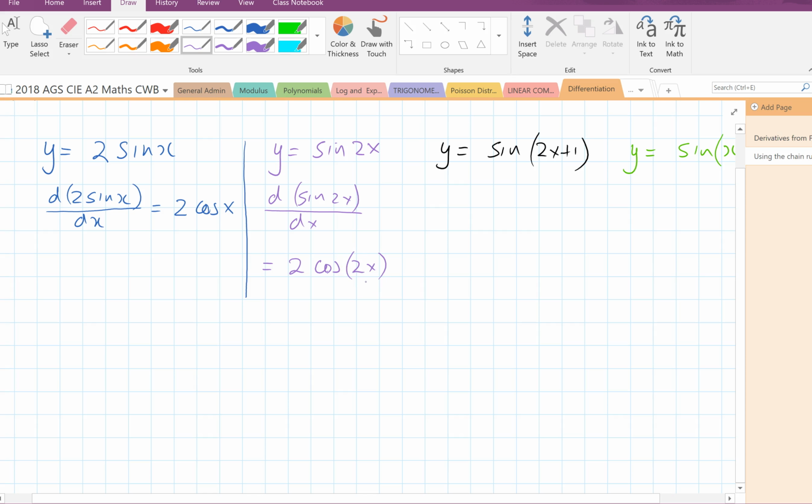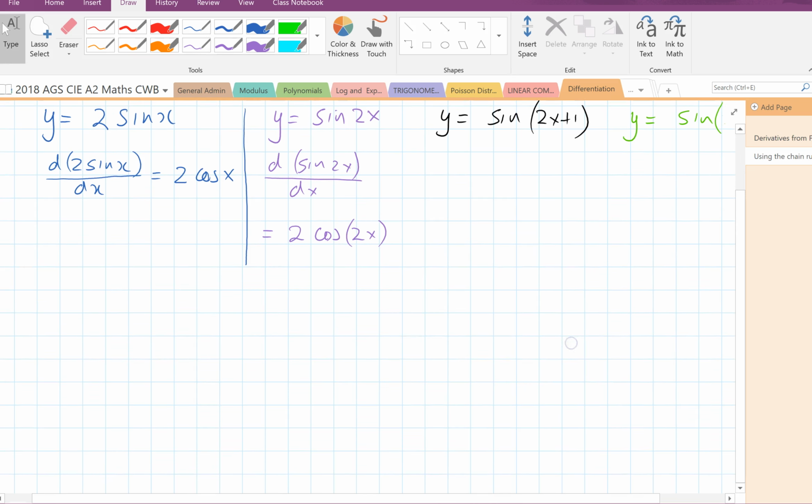Now we need to use the chain rule to help our understanding of why this is the case. So if I take my original function, y is equal to sine 2x, and I say let 2x equal a, then my original function is going to look like this: y is going to be sine of a.